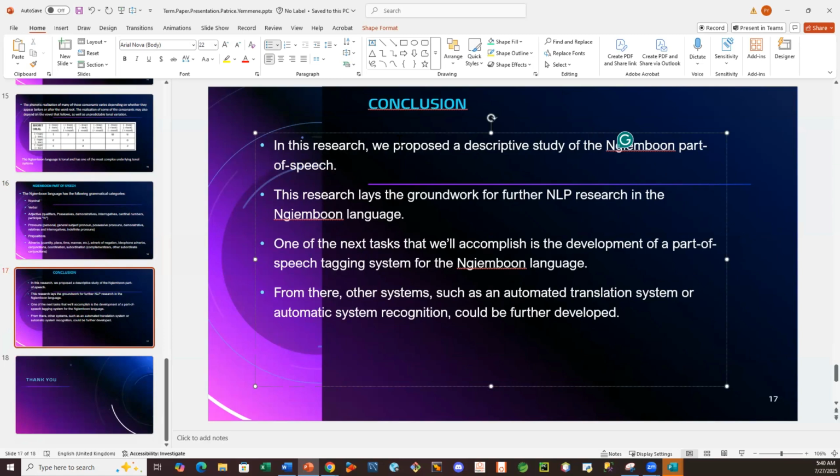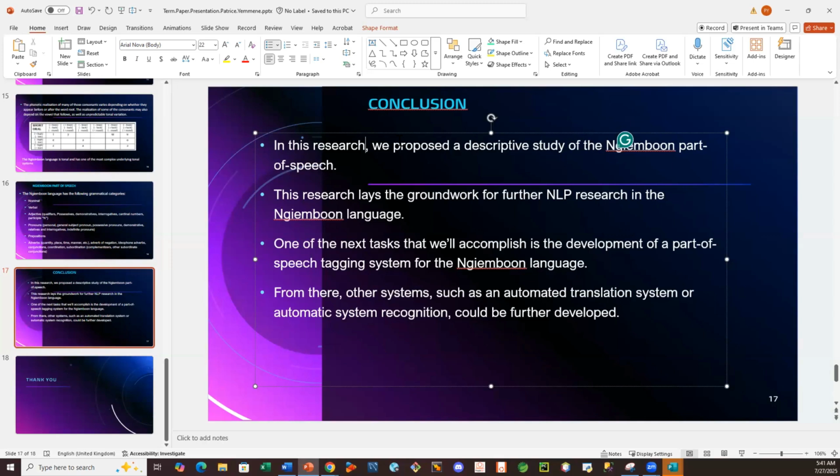One of the next tasks that we will accomplish after this initial research is the development of the part of speech tagging system for this language. Now we have the resources that we need at least to begin that work. And from there, other systems such as an automated translation system or an automatic speech recognition system, and so forth could be better developed.